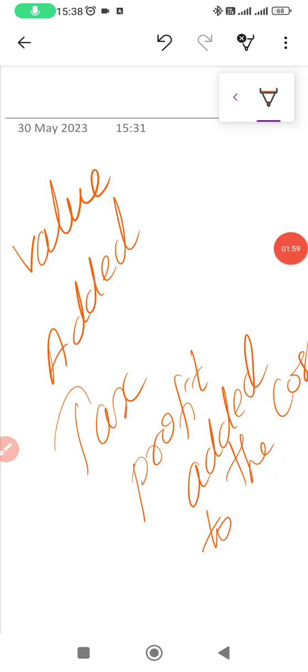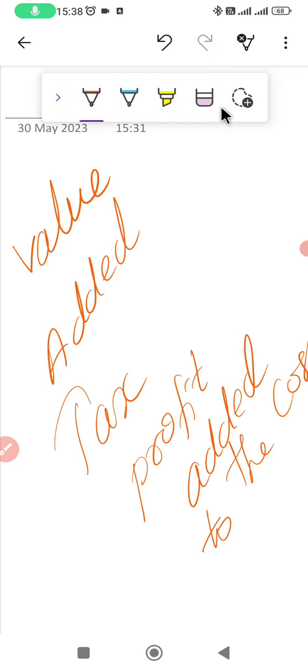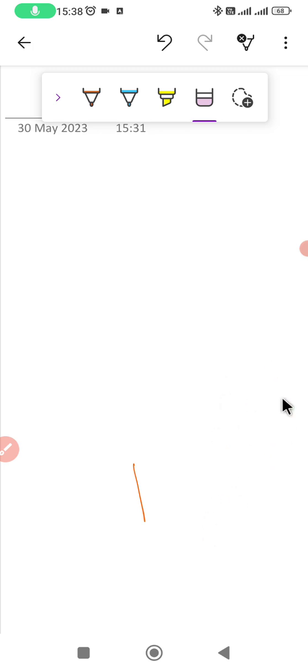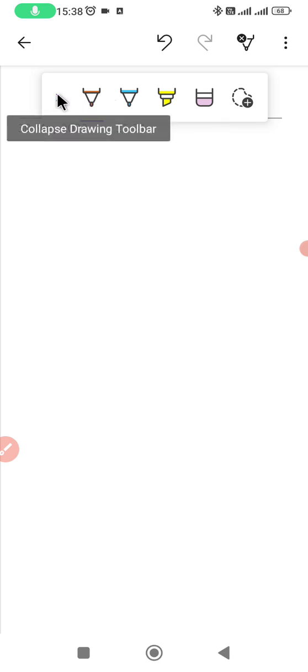That would be the meaning of value addition. I would like to expand the concept with a simple example, so you can learn the term value added.